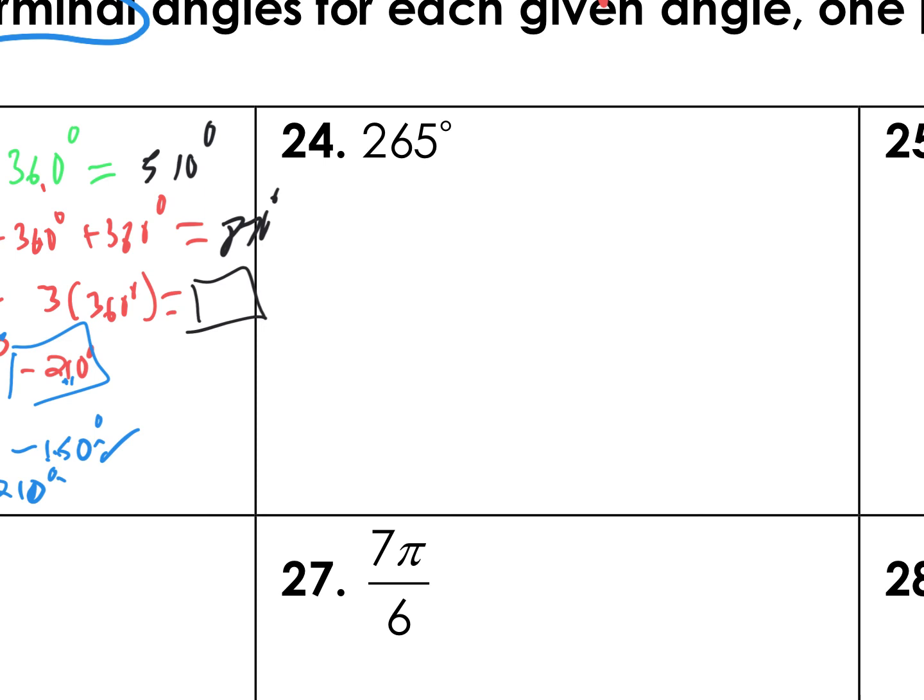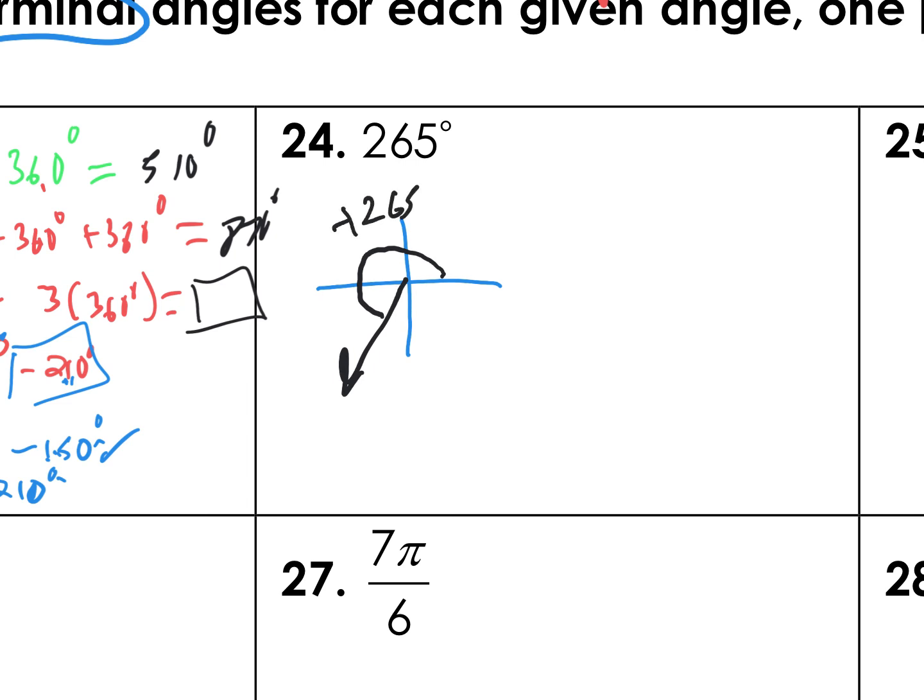265 degrees, well, it's really easy. I'll do the picture here. 265 has to be less than 270. And we've learned that 270 goes all the way to here. But I need to do less than that. So I need to go 5 degrees less. So there's my 265 degrees in a positive direction.